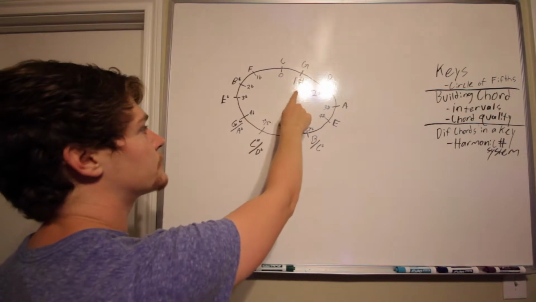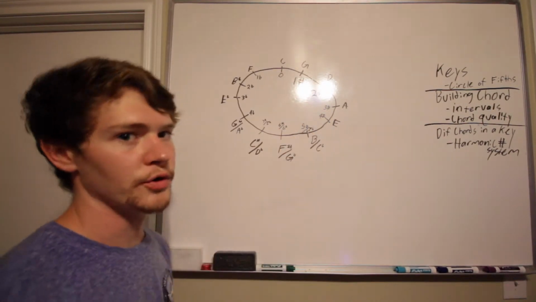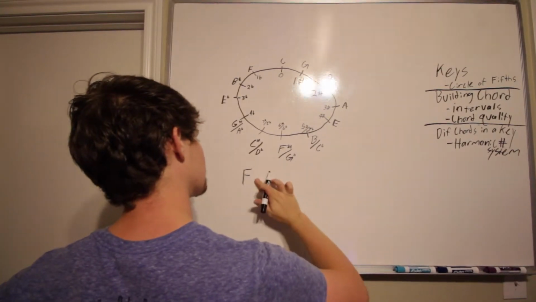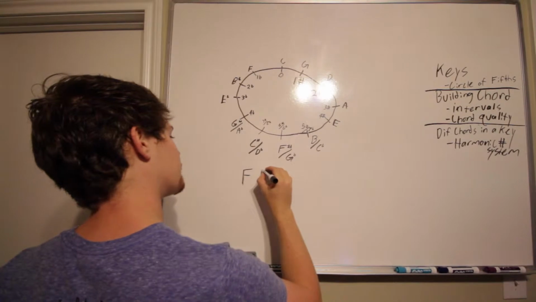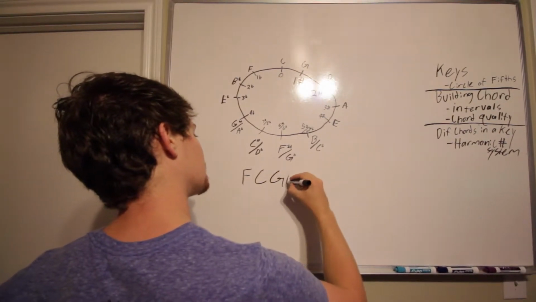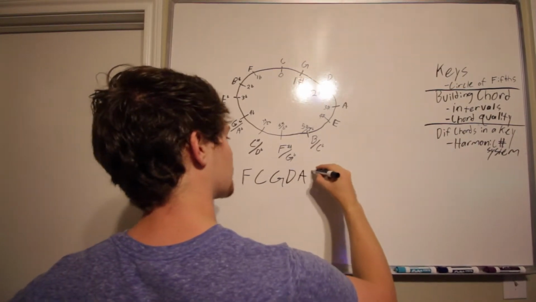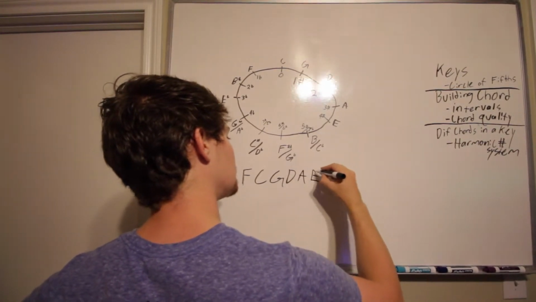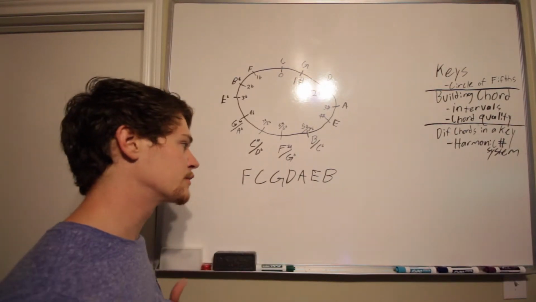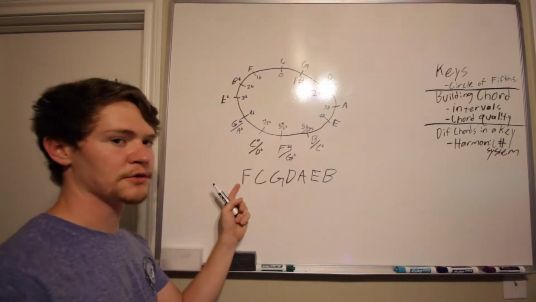The sharps follow an order. Your order of sharps goes F, C, G, D, A, E, and B. If you have 1 sharp, you just have F sharp.